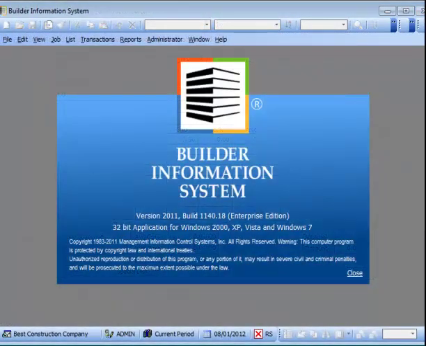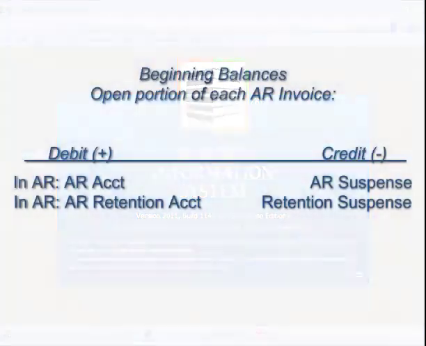When entering the open portion of each invoice in the accounts receivable module, the entries will be ultimately posted as follows: debit in AR, the AR account and the retainage account, and credit the accounts receivable suspense and retainage receivable suspense accounts.